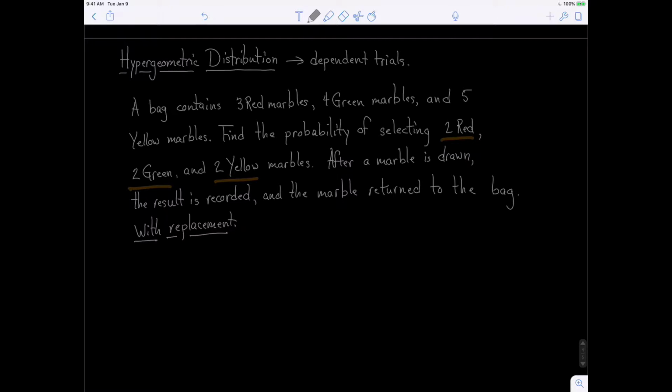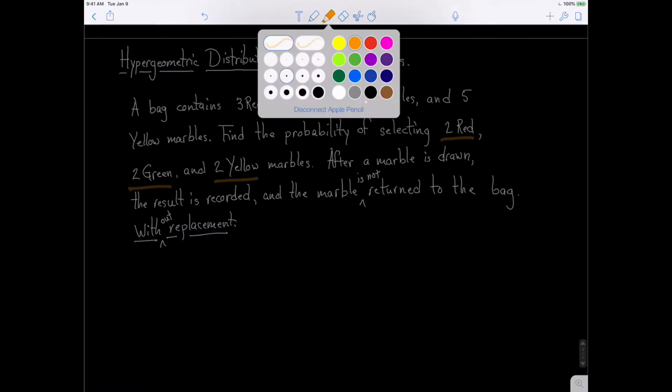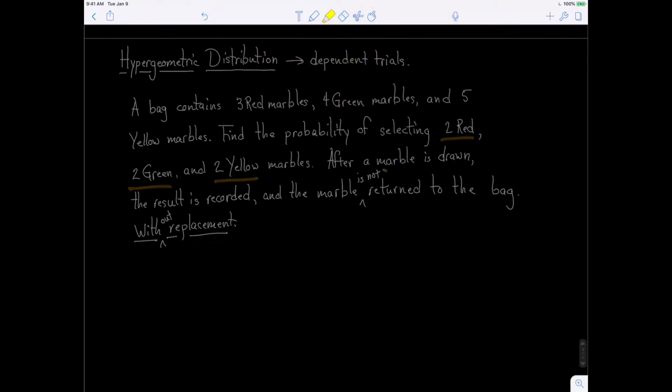After a marble is drawn, and here's what we want to change, the result is recorded and the marble is not returned to the bag. And when we do that, we call this without replacement. Those two little changes seem so small, but they change the whole outcome of our problem.